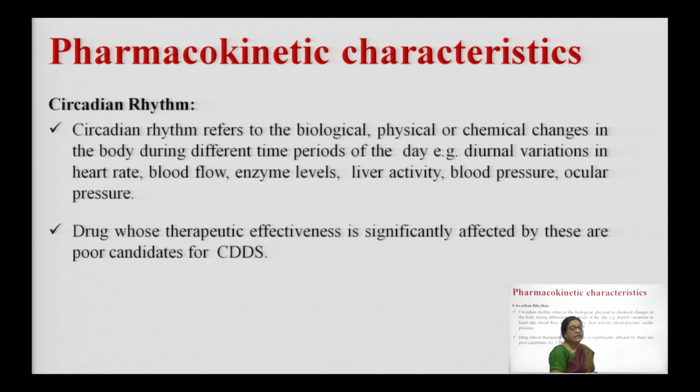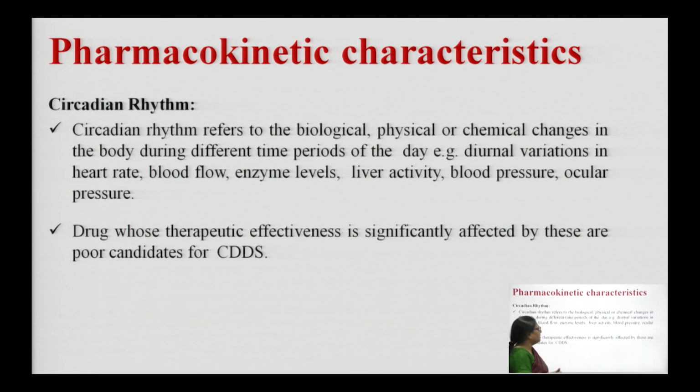Next is circadian rhythm. Circadian rhythm refers to biological, physical or chemical changes in the body during different time periods of the day. For example, the diurnal variation in heart rate, blood flow, enzyme levels, liver activity, blood pressure and ocular pressure.